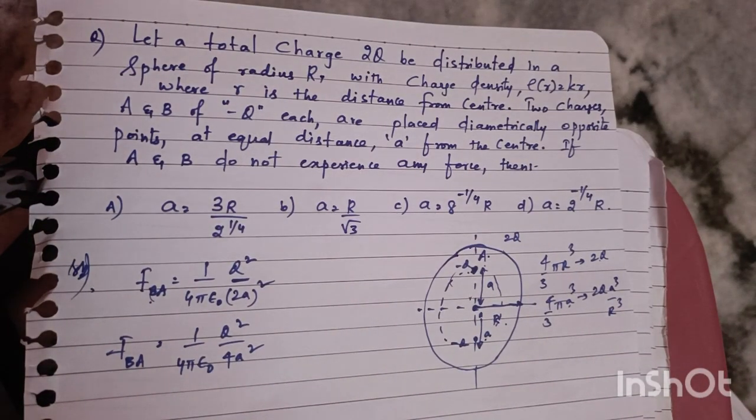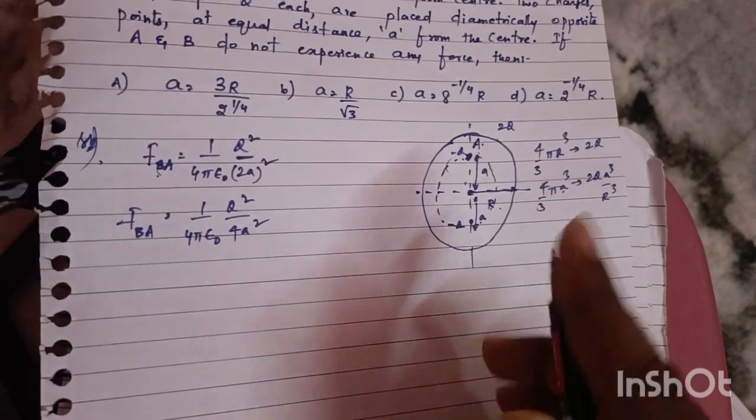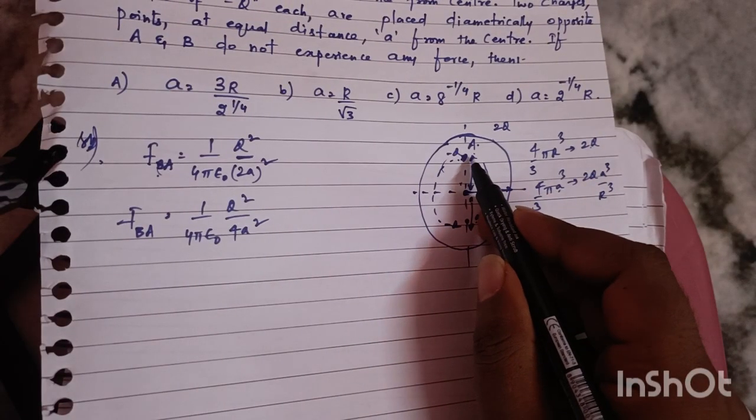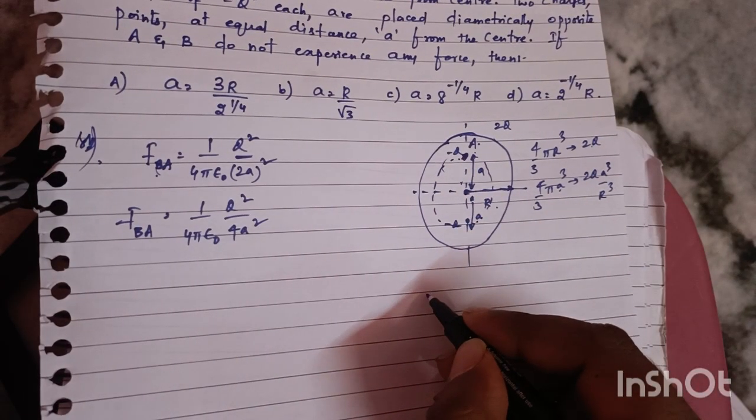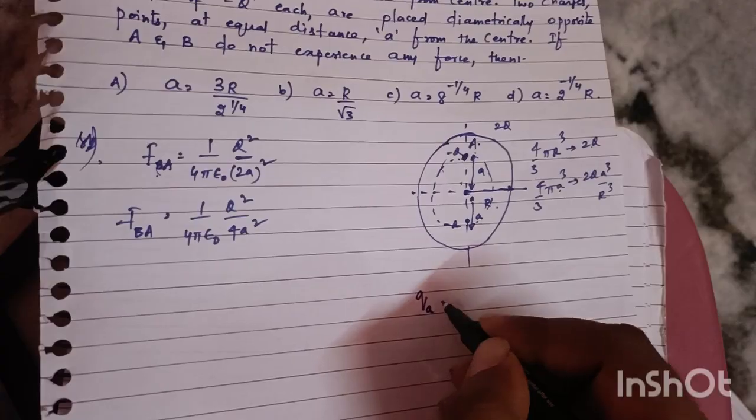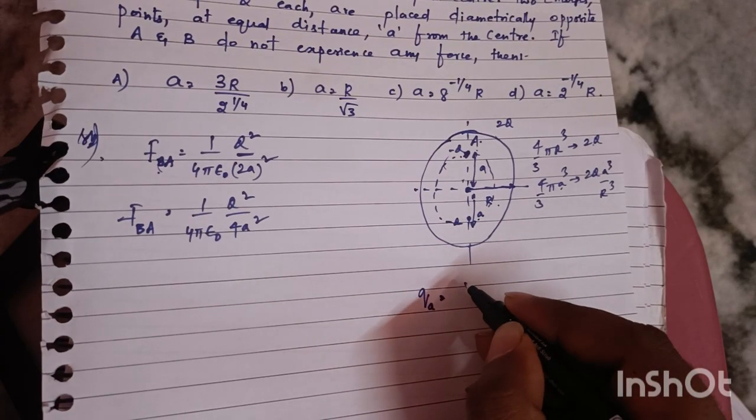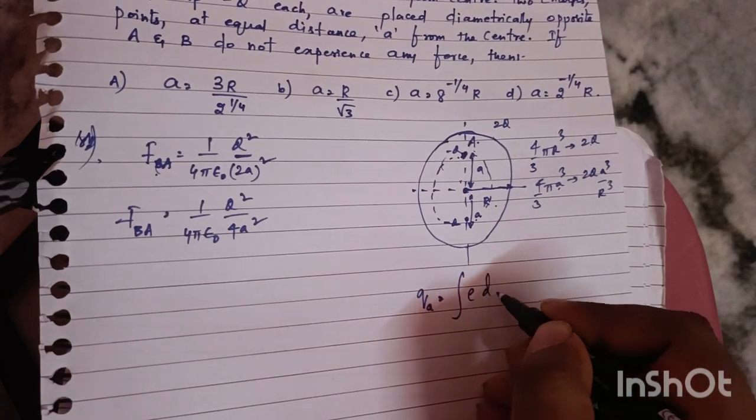That is computing charge, right? So if I go by that method, I need Q here. So Q at A is equal to the integral of rho dv.